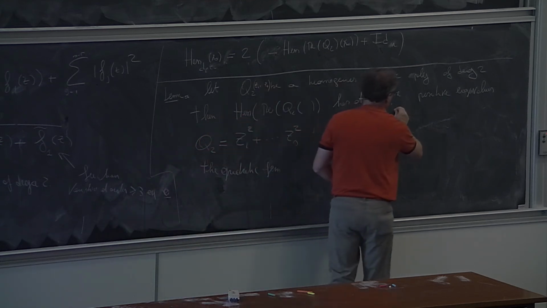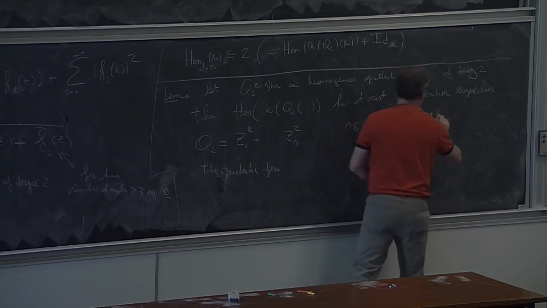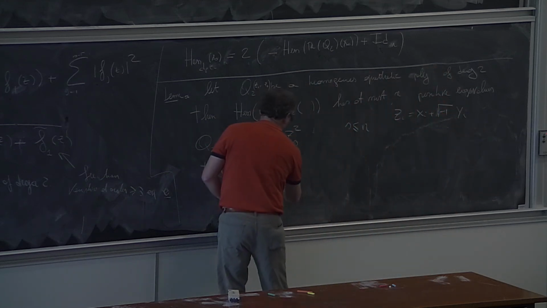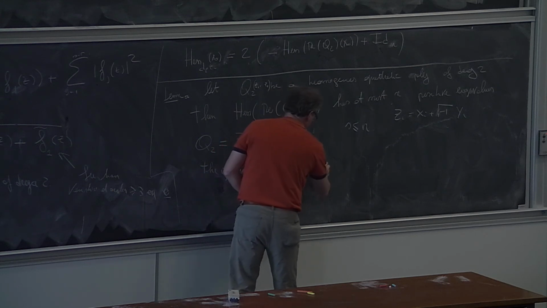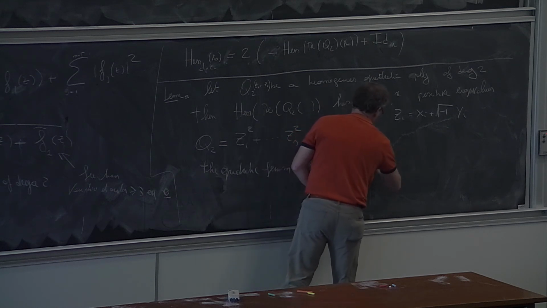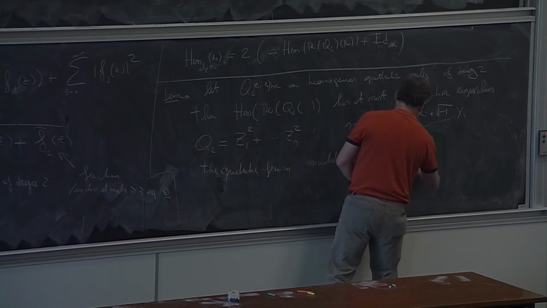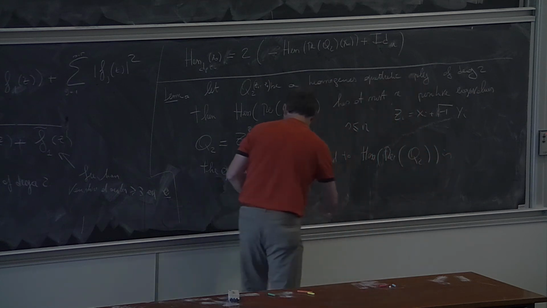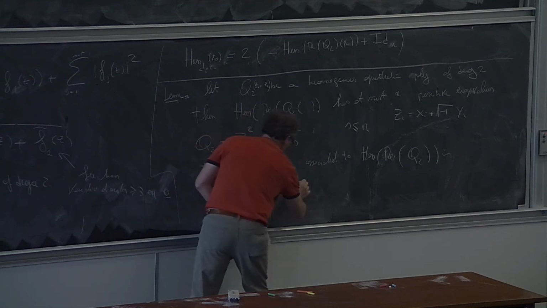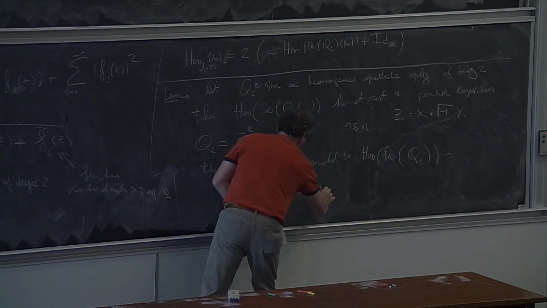Then you write zj as xj plus square root of minus 1 times yj, and the quadratic form associated to the Hessian of the real part of Q2 is x1 square minus y1 square plus ... plus xs square minus ys square.